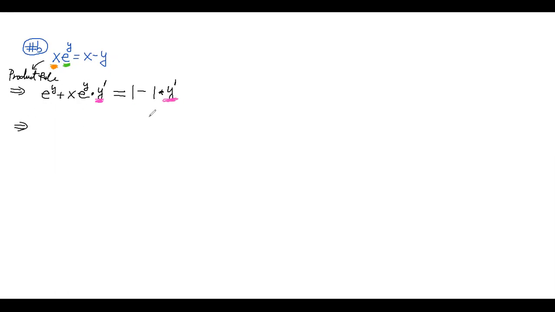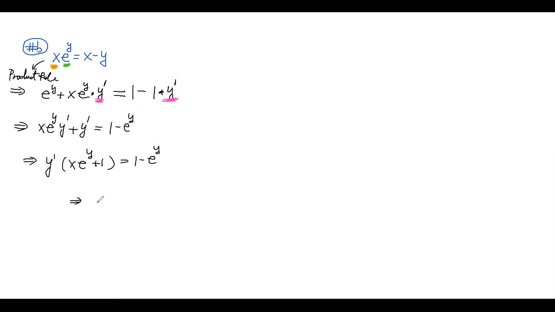Okay, so now move all the y prime terms to one side, and the terms without y prime to the other side. So this is x e^y y prime plus y prime is equal to 1 minus e^y, and then factor the y prime out, so this is y prime times (x e^y plus 1) is equal to 1 minus e^y.